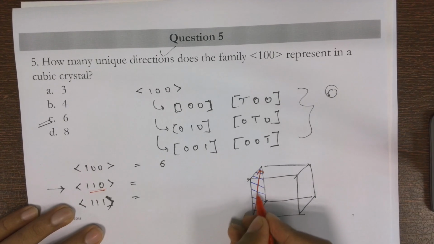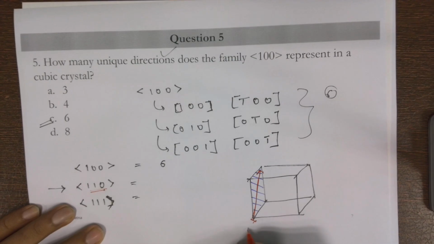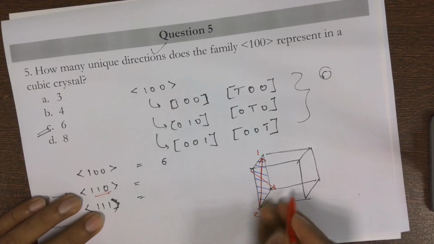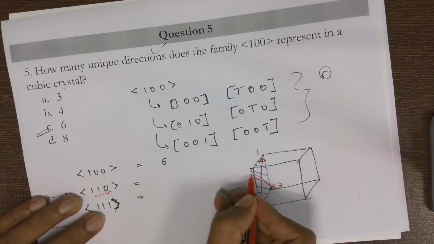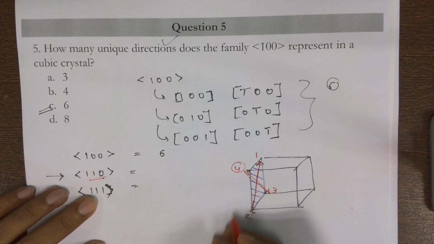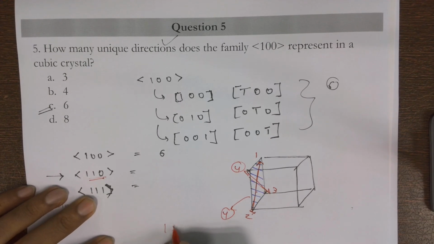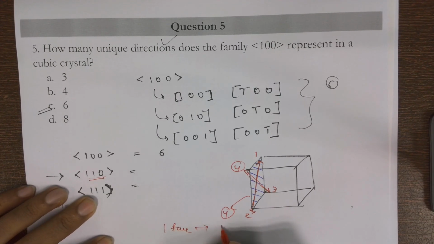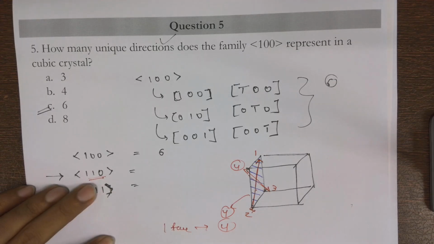It can go in the opposite of this also, 2. It can go like this, 3. Opposite of this also, 4. So in one face we got a total of 4 of this particular direction.